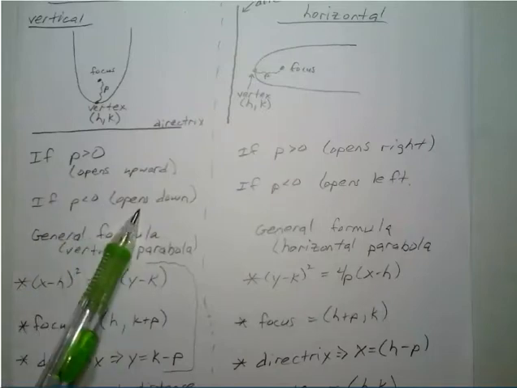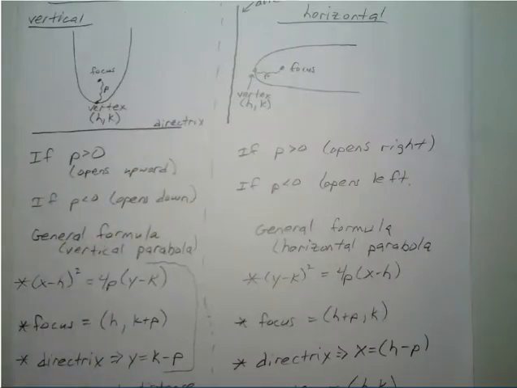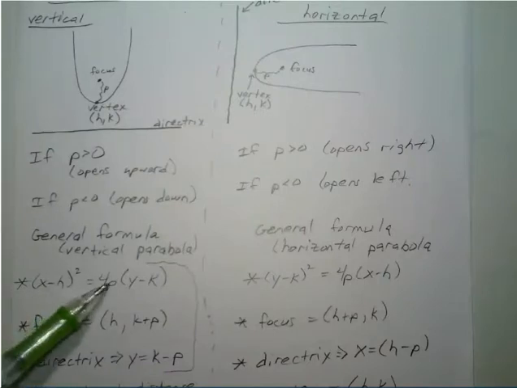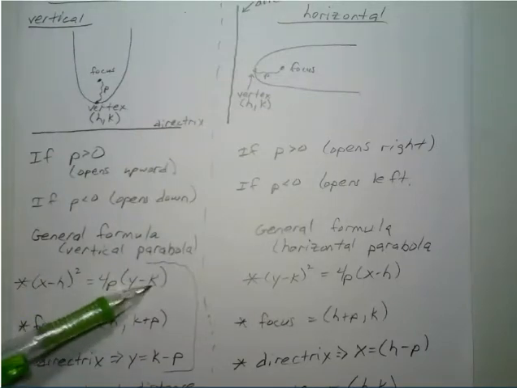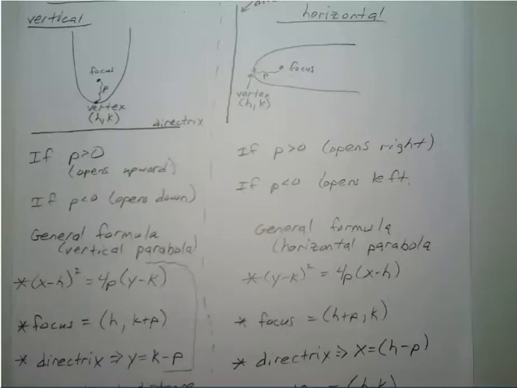If our p is less than 0, it opens downwards. Our general formula, remember, it was x squared equals 4py when it's vertical. It's now (x minus h) squared equals 4p(y minus k). Okay, to find our focus, it's going to equal (h, k plus p).